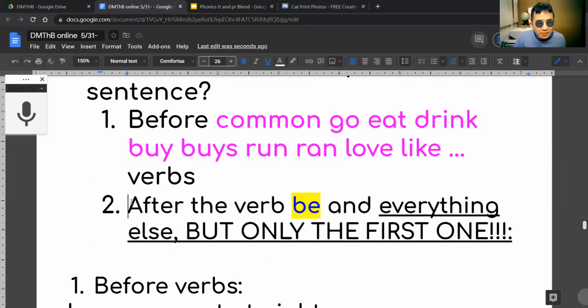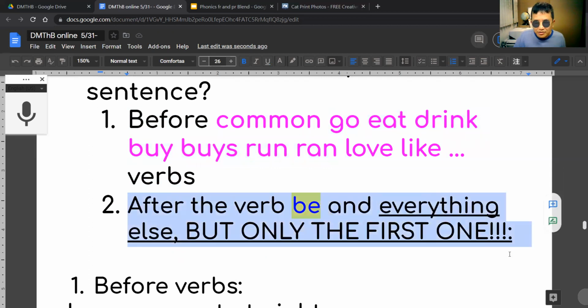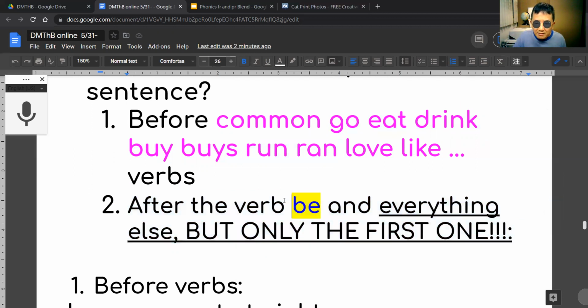But I wanted to differentiate between what a common verb is and mainly what the be verb is. By now, you should already know that the be verb is very special in English. It does things differently from other verbs.